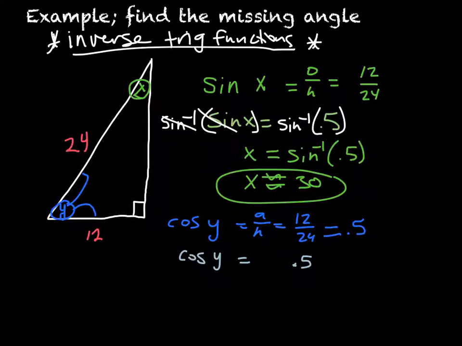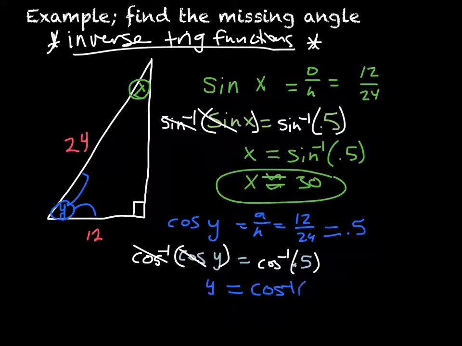Now the next part is to get rid of the cosine part. So instead of doing an inverse sine this time, I'm going to do an inverse cosine of the 0.5, canceling out the cosine parts there, leaving me with y equals the inverse cosine of 0.5, which you can type into the calculator, and you would get y equals 60 degrees. So that would be your final answer, 60 degrees.